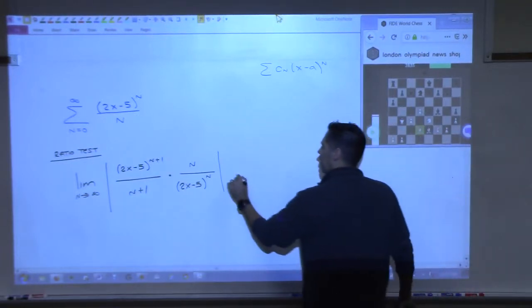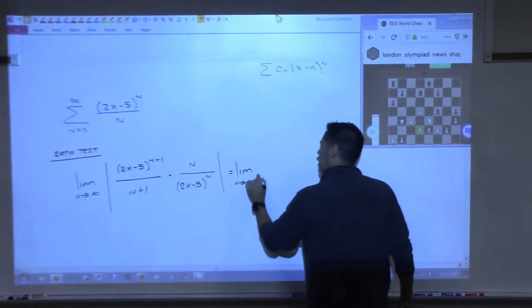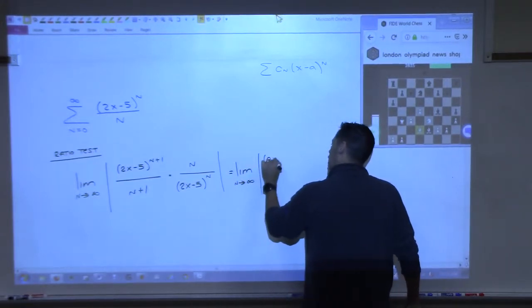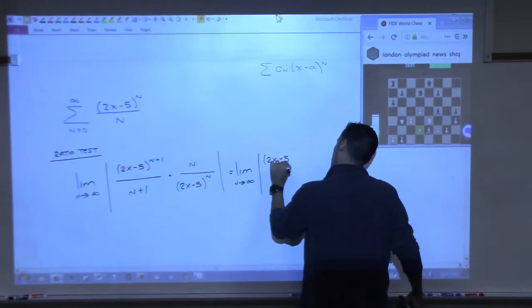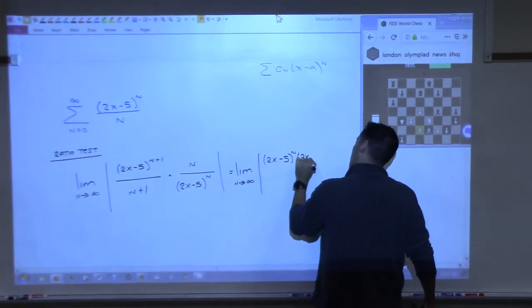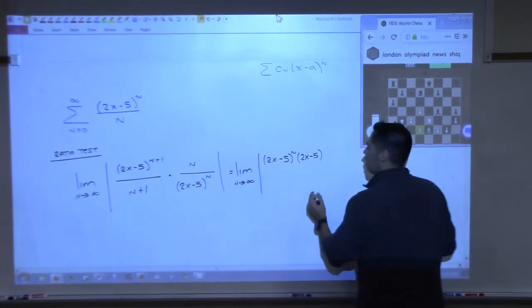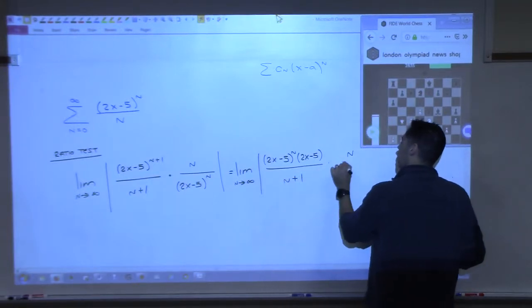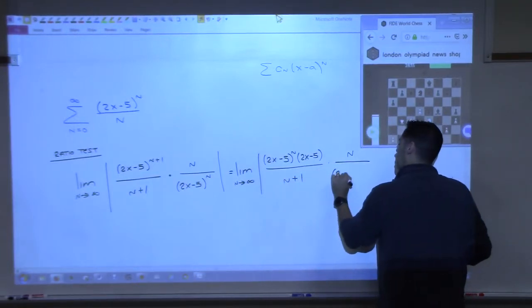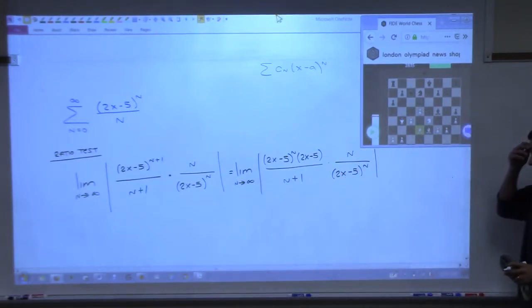This is the limit as n goes to infinity of (2x minus 5) to the n times 2x minus 5 again, that's splitting that up into two pieces, over n plus 1 times n over (2x minus 5) to the n. I did that so those things would cancel, right?